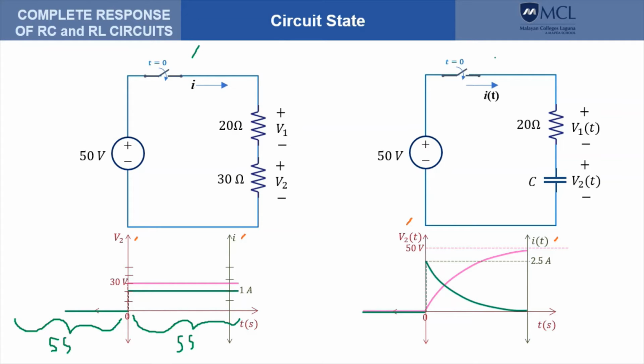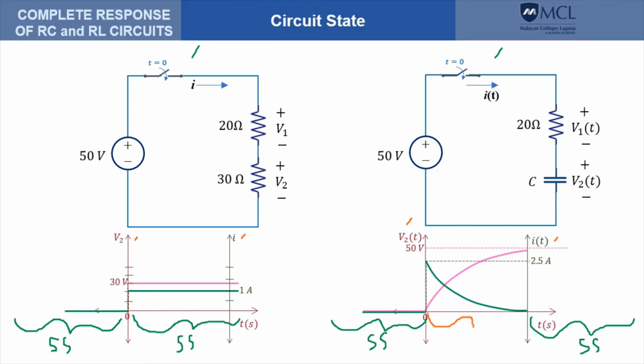On the other hand, in this circuit, during this time period, it is a steady state, and during this period, it is also steady state because the currents and voltages are constant. So, for example, V sub 2 is 50 volts, and the current there is 0.